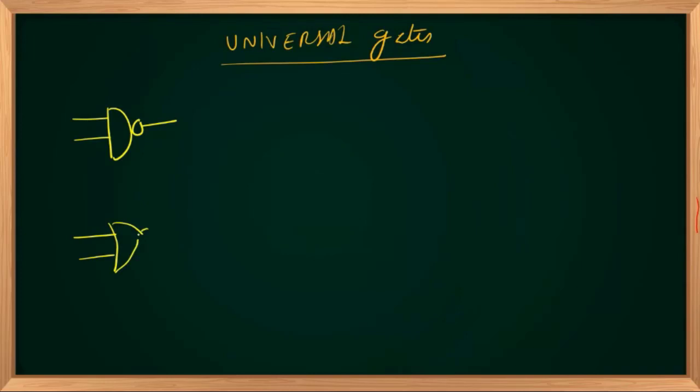They are called universal gates. And the same question appeared so many times in the examination: which of the following is a universal gate? So please note that only two gates are universal gates. They are NAND and NOR.